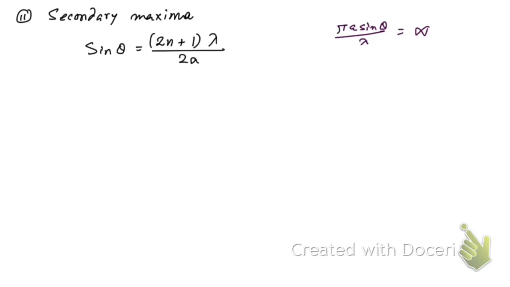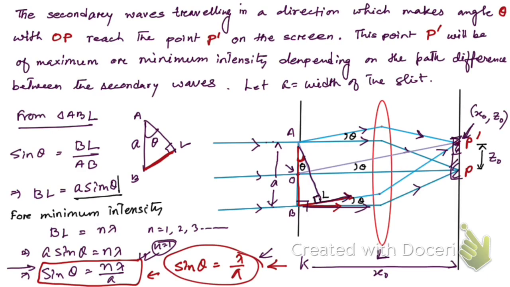This is pi. Ignore the pi first. What was a sine theta? Let me go to the previous slide. Here you can see this a sine theta gives the path difference, right? BL was the path difference between the waves from A and B, as you can see in the diagram.